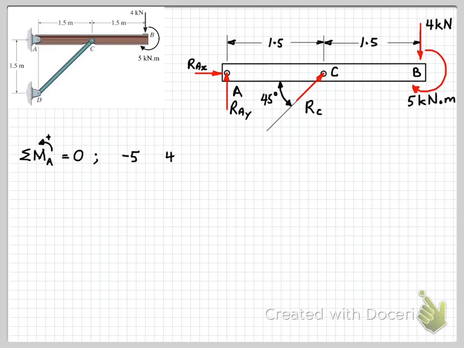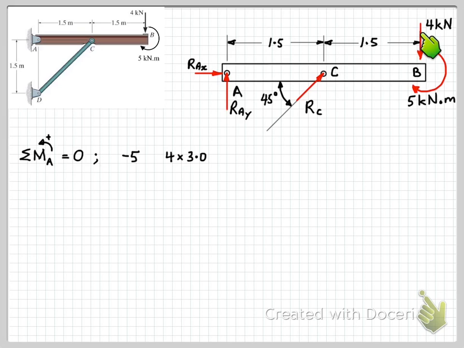The next thing that we'll look at is our 4 kilonewton force here. So that's acting down here. Its perpendicular distance from point A is this total length here, 2 times 1.5, so 3. So that's what we've got down in our equation, 4 times 3. And we again need to check whether this is positive or negative moment.